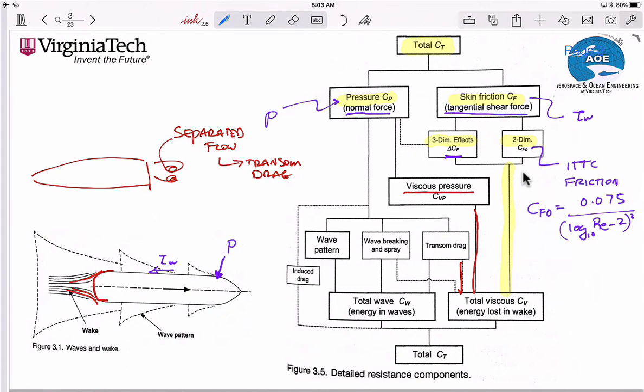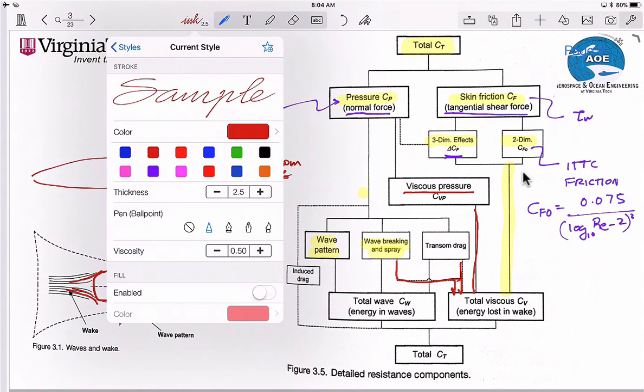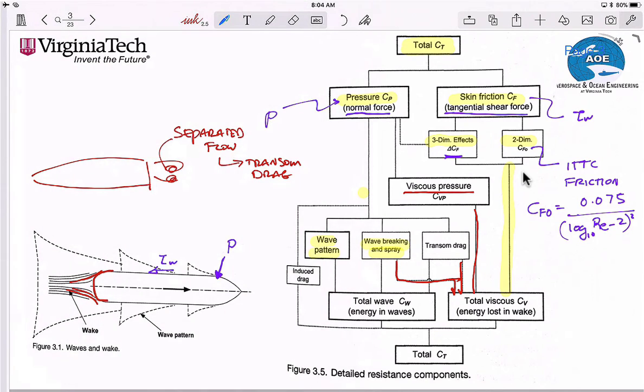Now the pressure force on the left-hand side of the diagram really leads into the wave pattern, wave breaking and spray, which, interestingly, anything that is viscous, like wave breaking, energy loss, feeds over into the viscous part. But it has a pressure or a wave resistance part that feeds straight down into the total wave resistance.